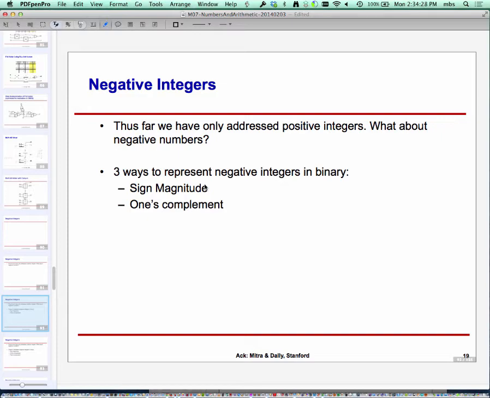In particular, to do arithmetic with this, you will have special cases to handle. If the sign is 1, I have to do something special, if the sign is 0, I have to do something special.